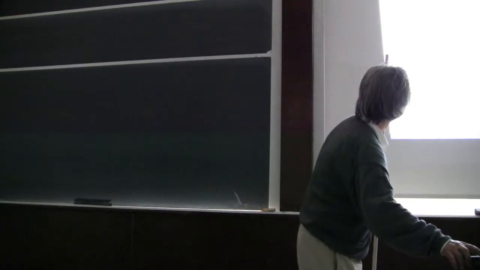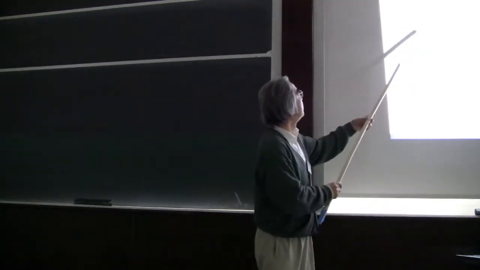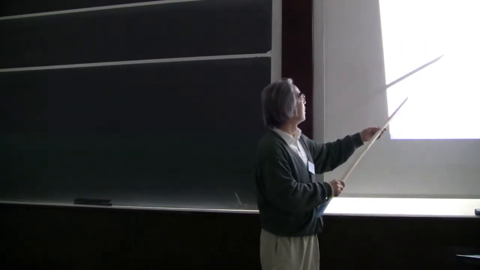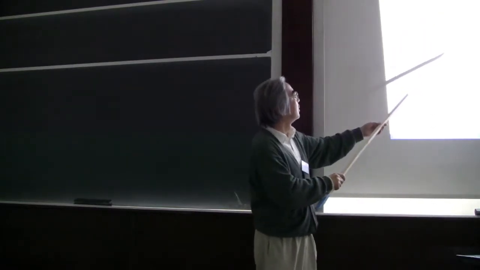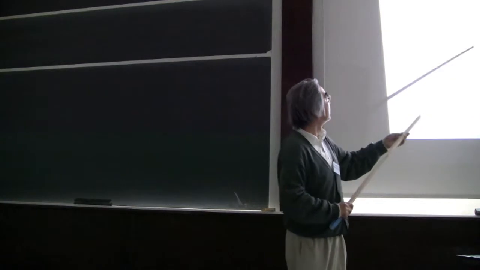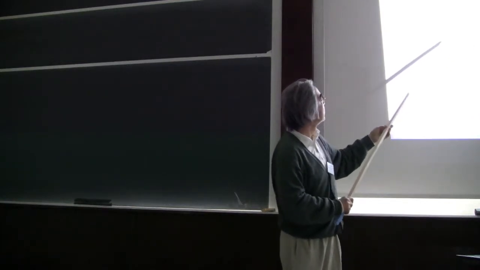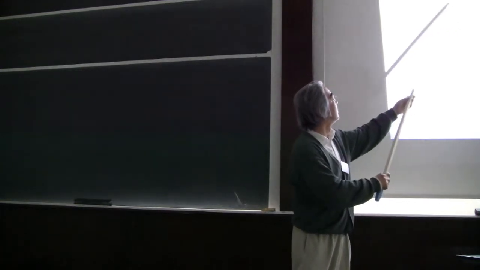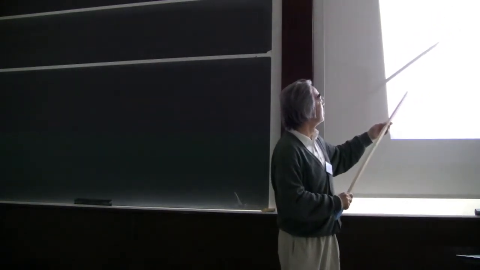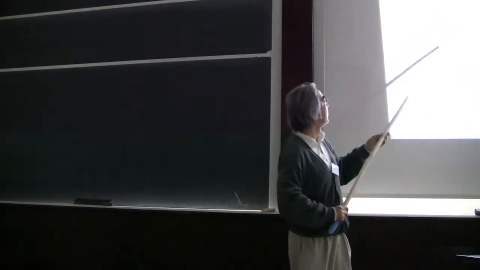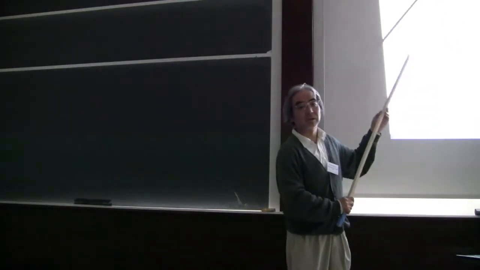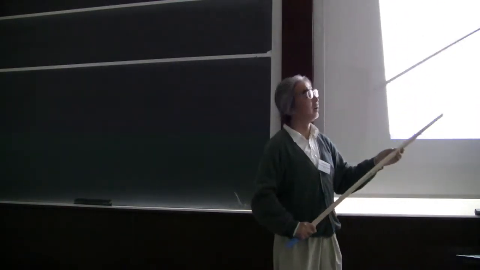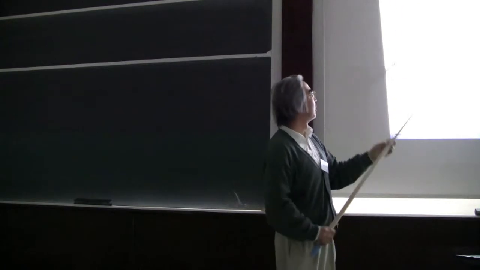If I denote mu by this operator, it's a linear operator on C to the n, and by definition, we need to put mu here and close it. That is, we put mu here and take the trace, which is the usual trace, the sum of all the diagonals.